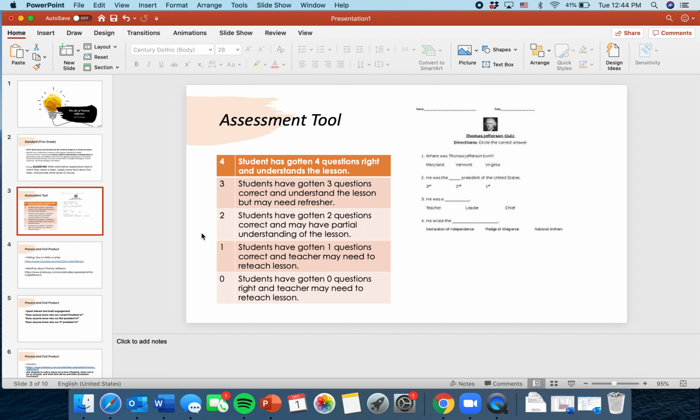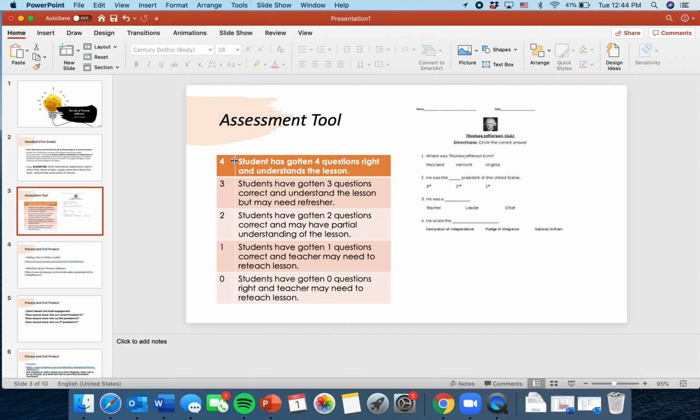I chose to do a pen and paper assessment. It's 4 questions, and right here is my tool. It will help me understand if students need extra help, or if I need to reteach a lesson, or if they understand the content.